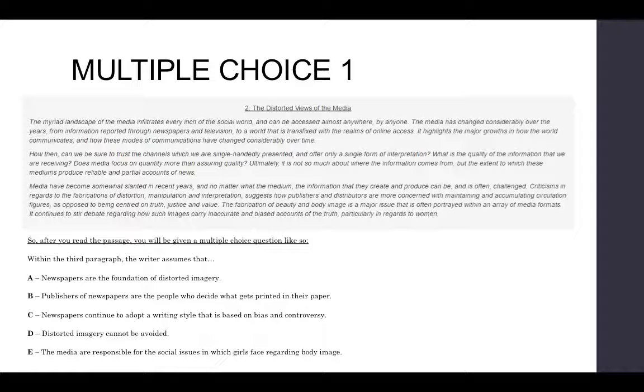You will need to look at the third paragraph in particular for this question, and from that you will need to determine what the writer is assuming within that paragraph. If you have a read through, then you should know that the correct answer is B: publishers of newspapers are the people who decide what gets printed in their paper.